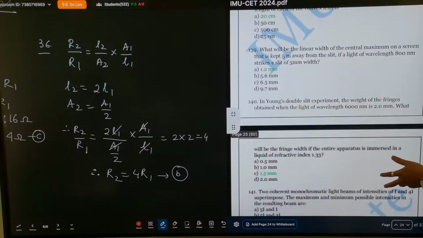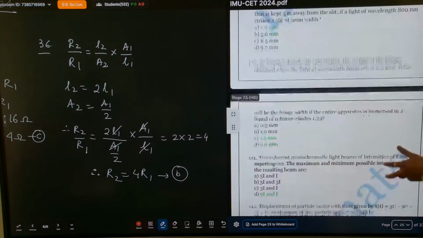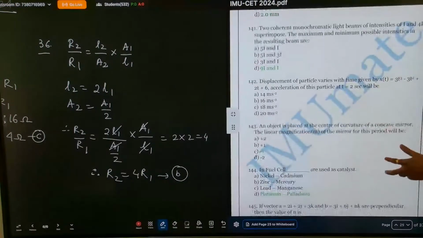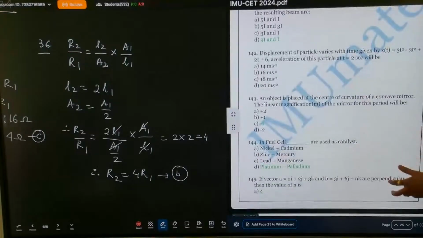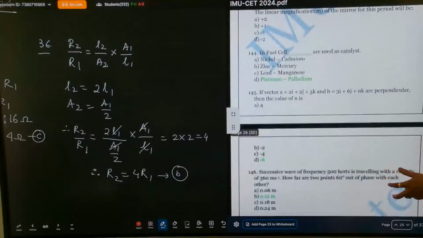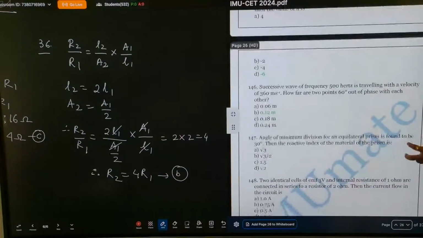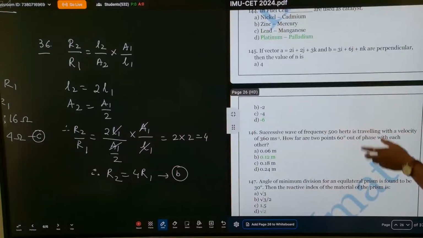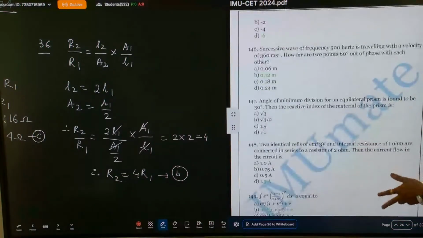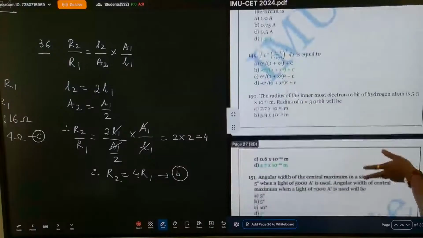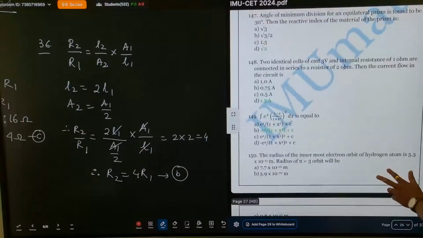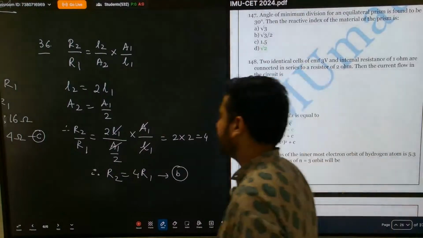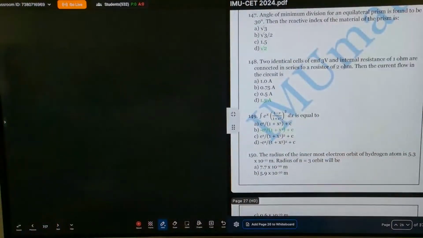The power of two lenses, equivalent power, just add those powers. Just the dot product makes 0 and you will find the value of n. 148. Okay, we got something. Okay, let's start. 148.